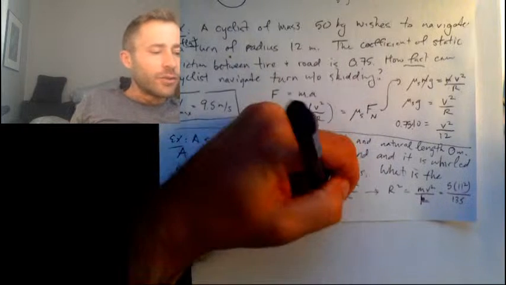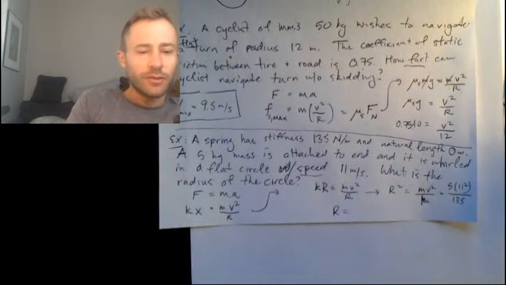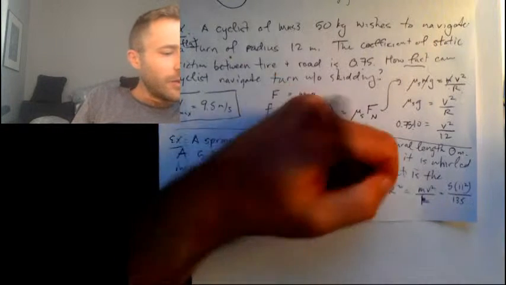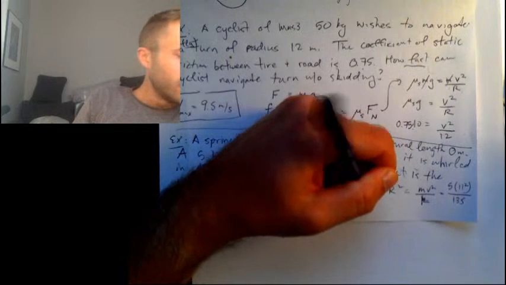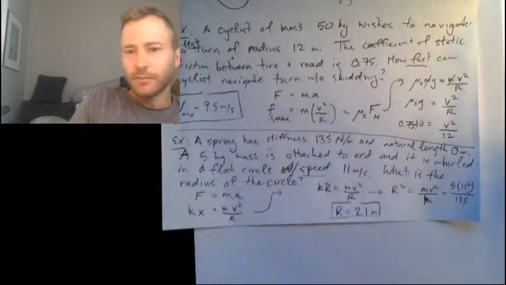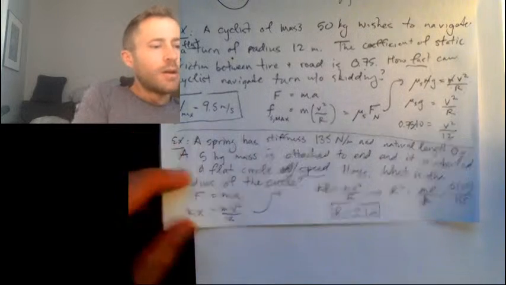And then I take the square root of that, and I get the radius of the circle. And I get that the radius is 2.1 meters. Okay. Boom. All right, so that was my discussion of flat circles.